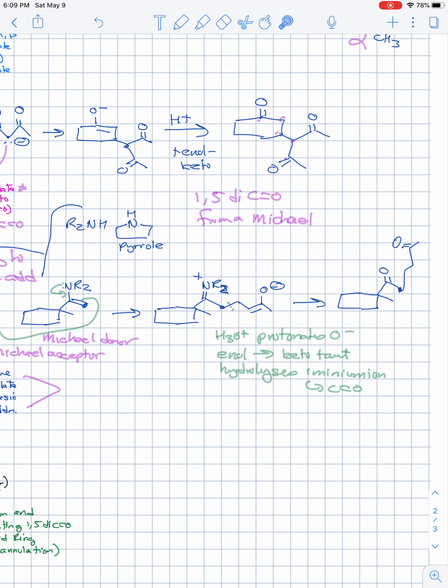Again, we should have added a 1, 2, 3, 4 carbon piece to this. And notice that again, just as we did before, what we get here is a 1, 2, 3, 4, 5 dicarbonyl. So from a Stork enamine synthesis, we also get a 1,5 dicarbonyl.